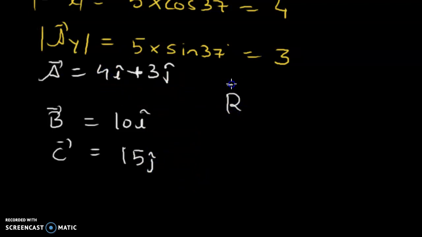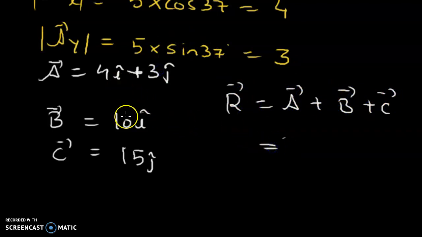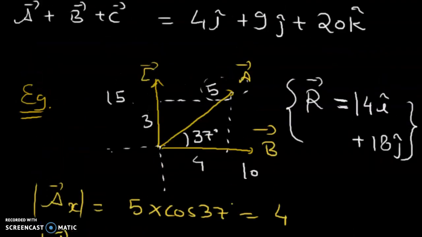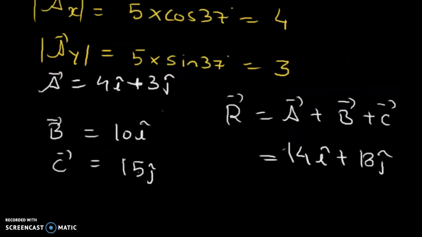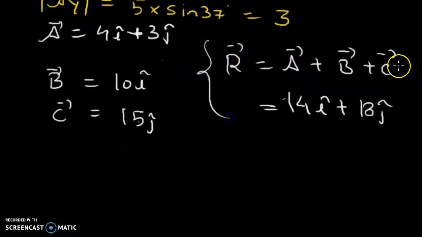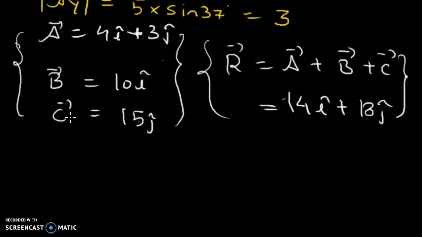Now I need to add all three vectors: just add the numbers before the i cap, 10 plus 4 is 14, and before the j cap, 18. So this was everything I have done here. At this moment it might look complex, but it's very simple and very basic. Just revise these things, and we'll do the product of vectors in the next video.